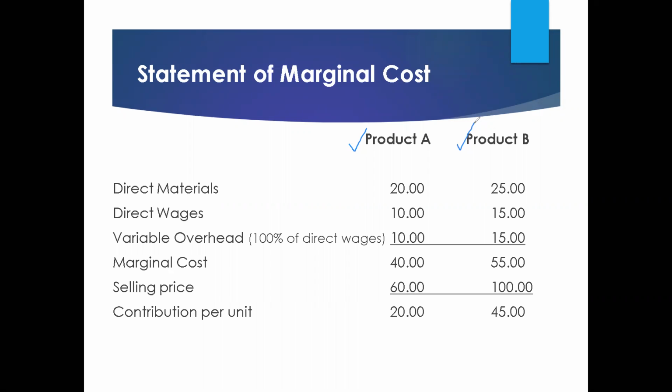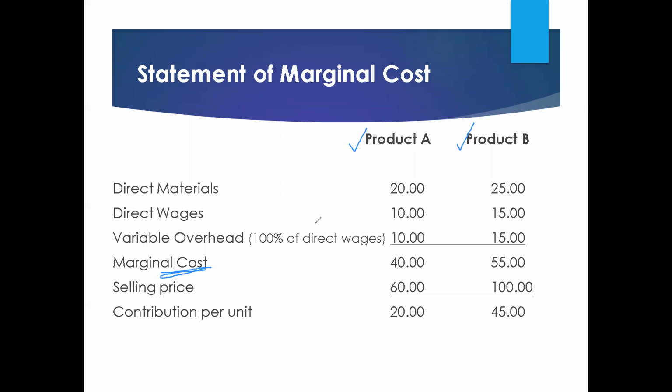So to calculate the contribution, we need sales and variable cost. First we can calculate the variable cost or marginal cost. For variable cost or marginal cost, we consider only the variable cost, that is material, labor, and overheads, except the fixed overheads, because we do not consider the fixed cost.